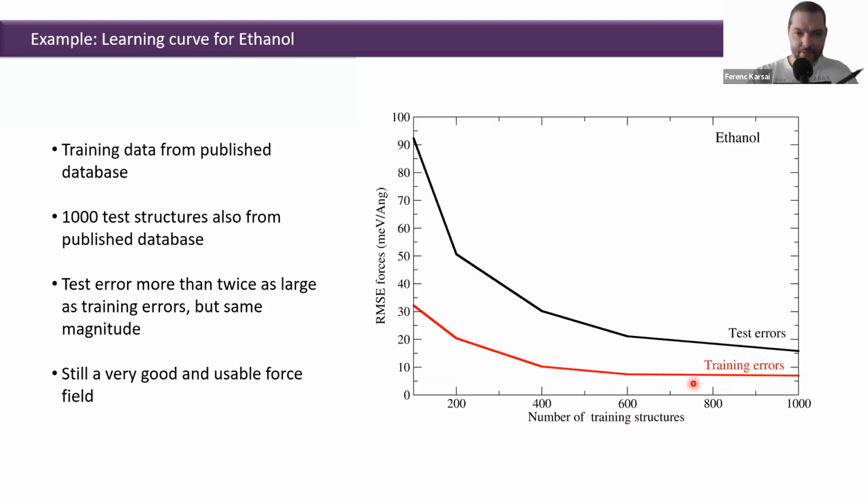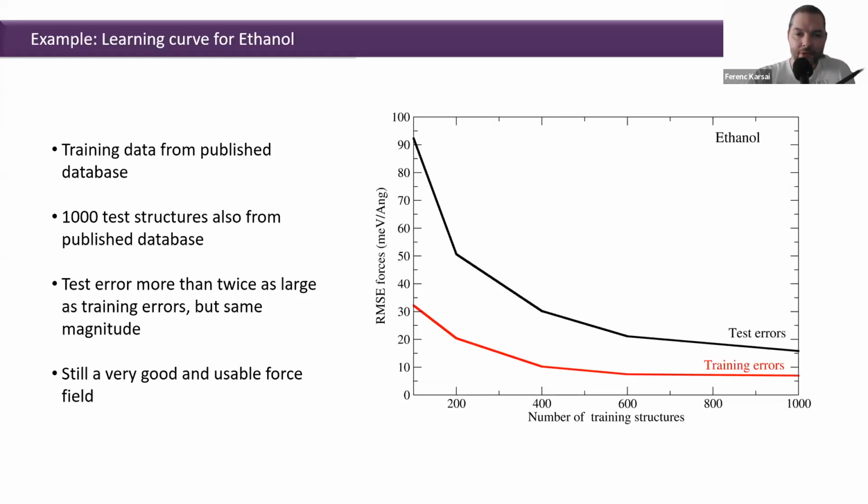We see that the training errors are more or less converged, but also the test errors show near convergence. This is more or less the best we can achieve. Nevertheless, the force field has a discrepancy of 2.5 or more. We have a value of 6 meV per angstrom here, and 50 meV per angstrom here between the training error and the test error.